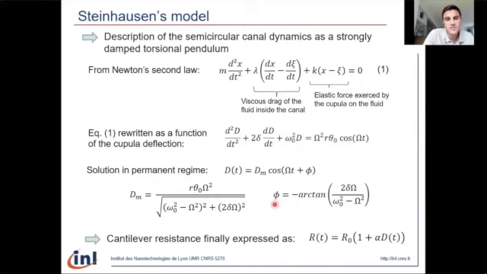Finally, the cantilever resistance is expressed as a linear function of the deflection of the cupola of the cantilever. In this equation, you can recognize the sensitivity coefficient alpha that was extracted from the experiment performed in bending configuration. And R0 represents the resistance at rest of the cantilever.